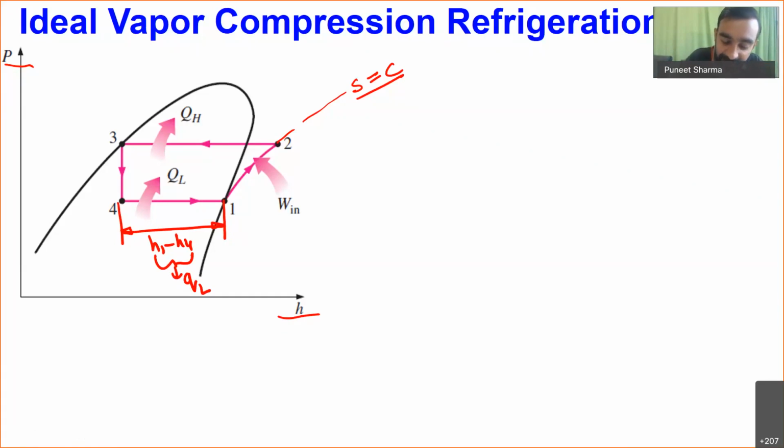Okay, and if I now write the steady flow energy equation for the compressor. So for the compressor, we will be having Q. So Q will be 0 minus W in, then we are having enthalpy addition at rate H1 minus enthalpy leaving at H2 equal to 0.